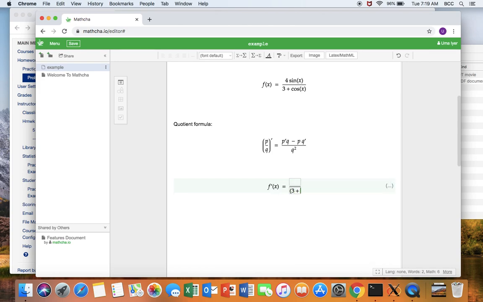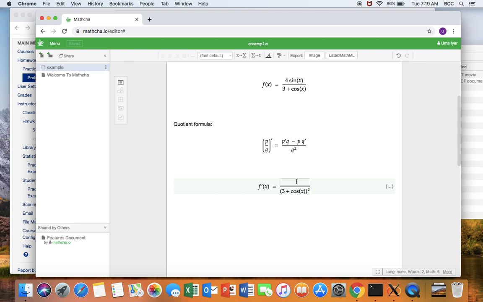I simply take 3 plus cosine x, this entire expression, to the power 2. Don't forget this denominator for f has two terms, 3 and cosine x, separated by a plus. Therefore, you need these parentheses before squaring them.